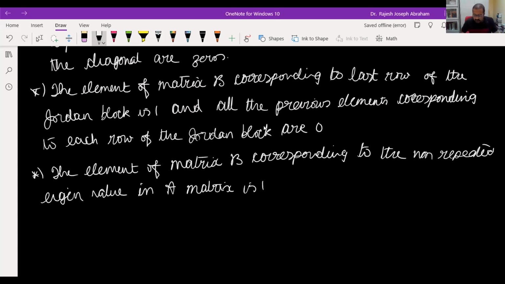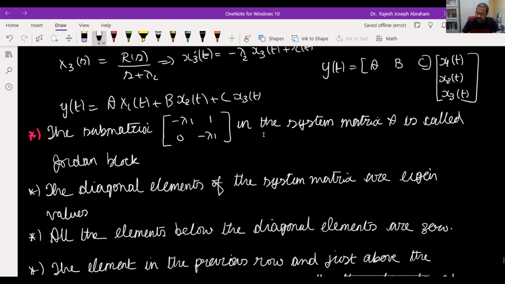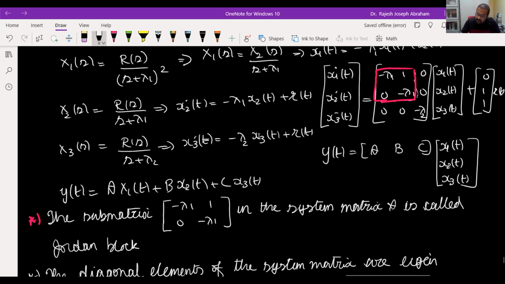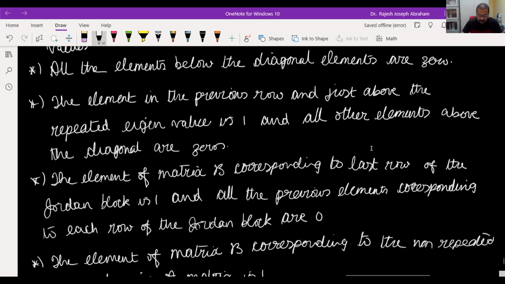That is what I told you over here, right? So in the B matrix, the element corresponding to the non-repeated eigenvalue will be equal to 1, and all the residues of the transformation will constitute the C matrix. So this is our C. This is B. This is A.